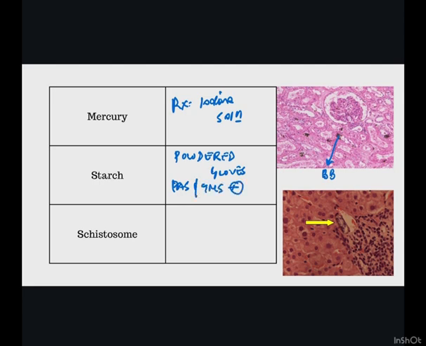The next is schistosome pigment. Schistosome pigment is usually seen in patients who have schistosomiasis. So this is the schistosome pigment. This is usually treated once the schistosomiasis gets treated. So once the disease is treated, the pigment goes away, just like in malaria.